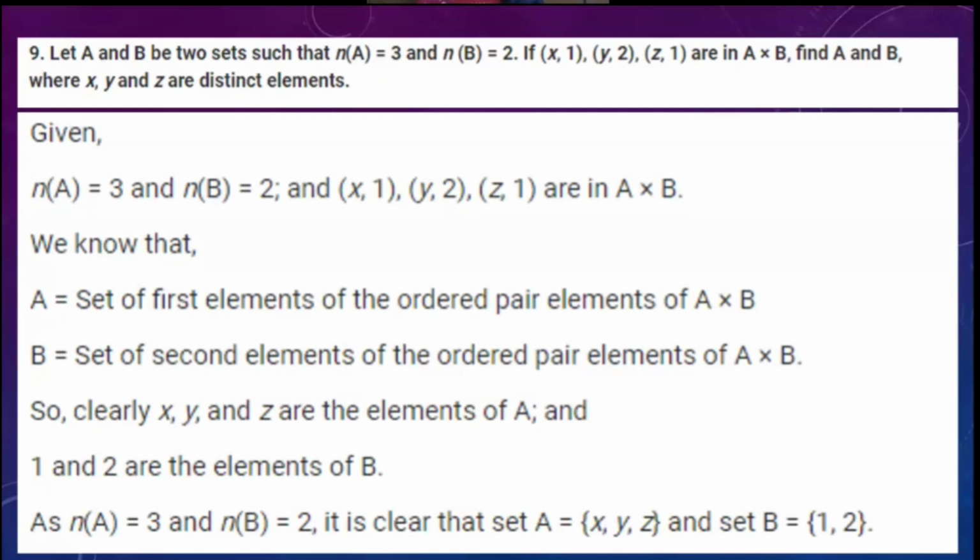So clearly x, y, z are the elements of A, and 1, 2 are the elements of B. As n(A) is 3 and n(B) is 2, set A has the elements x, y, z, and set B has the elements 1 and 2. Whenever you see a product, all the first elements of the ordered pairs belong to the first set, and all the second elements belong to the second set, here set B.